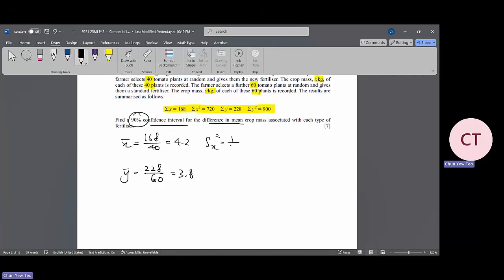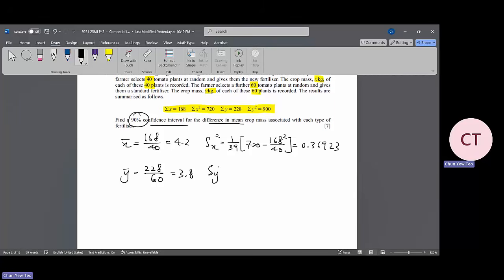That will be 1 over 39 times (720 minus (sum of x) squared divided by 40). Press the calculator, then you can get the answer. I write it in 5 significant figures, 36923.